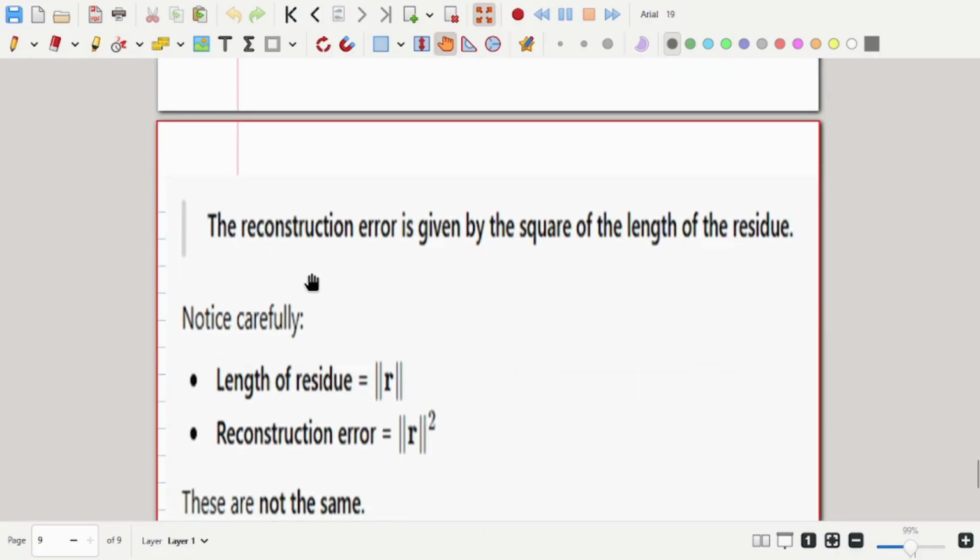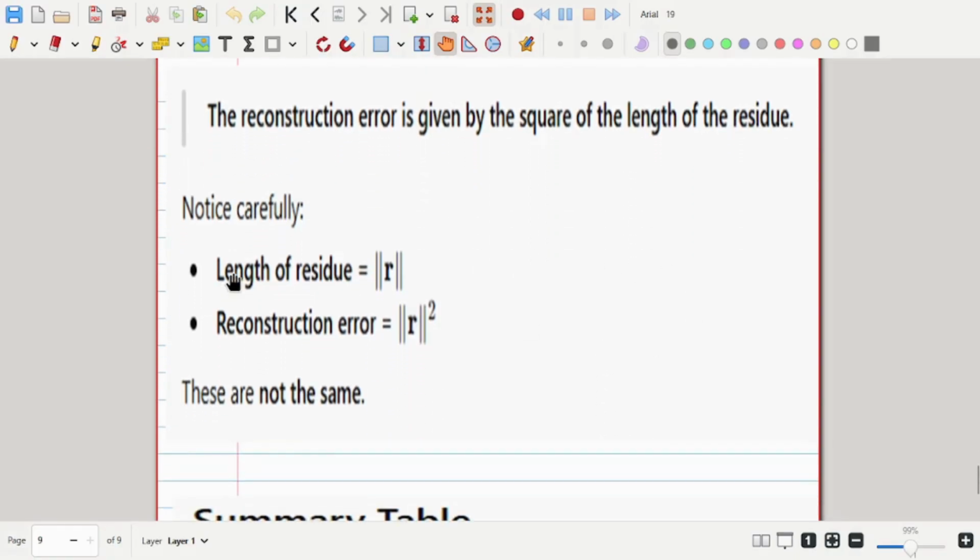In machine learning, the reconstruction error is given by the square of the length of the residue. Notice carefully that length of the residue is norm of vector R and reconstruction error is norm of vector R square. R means residue.